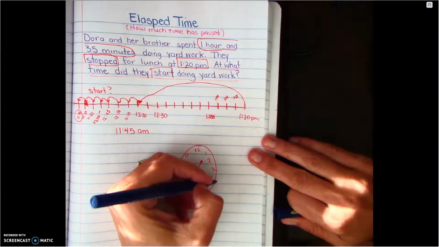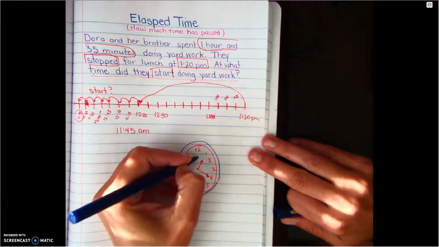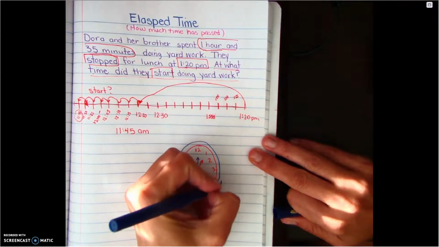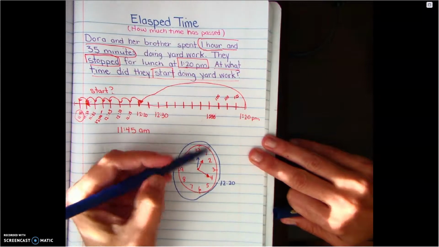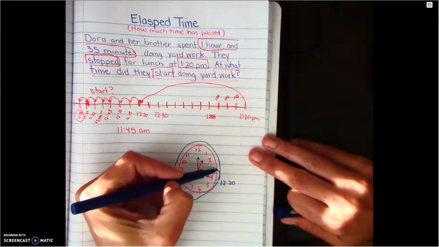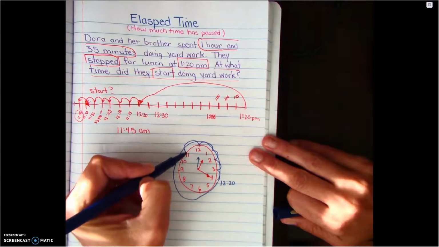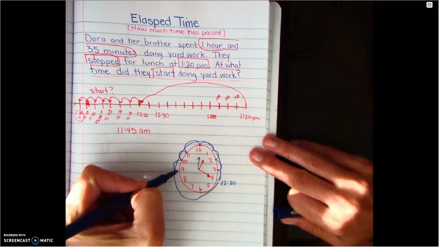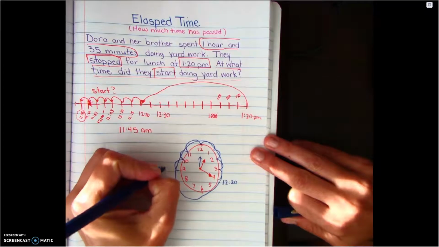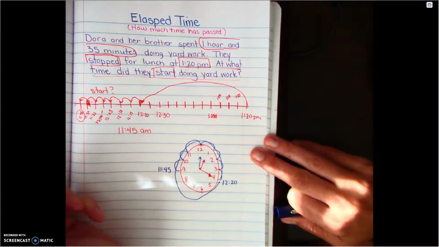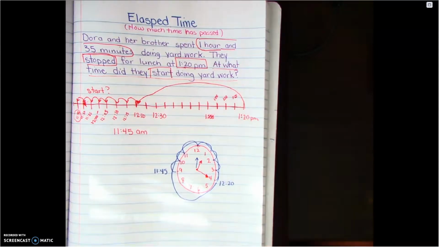If I go back 1 hour, it would be 12:20 is 1 hour, and then I'd have to go back and count my 35 minutes, which would be 5, 10, 15, 20, 25, 30, 35. And that means we passed the hour again, so that would be 11:45. So there's a couple ways that you can do it. We're going to practice some more with our number line here.